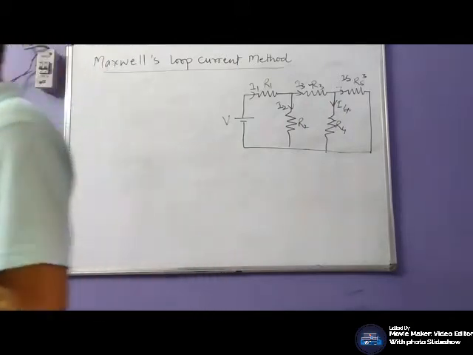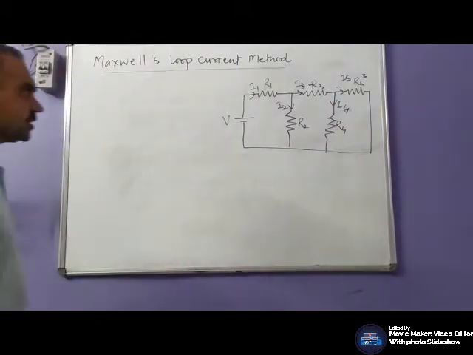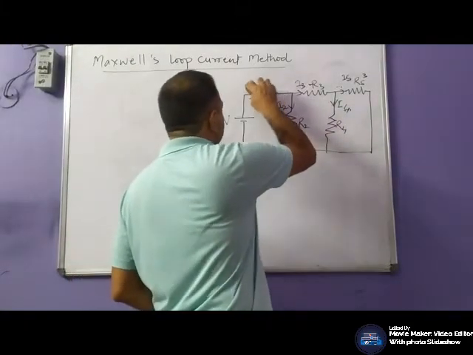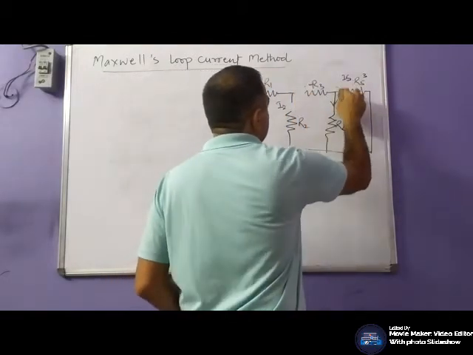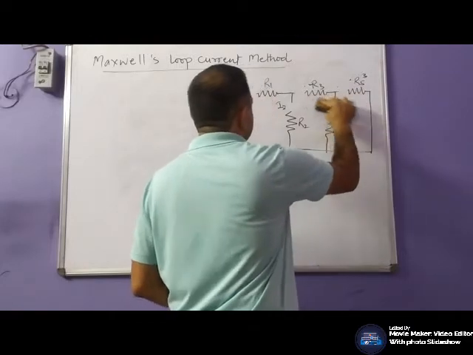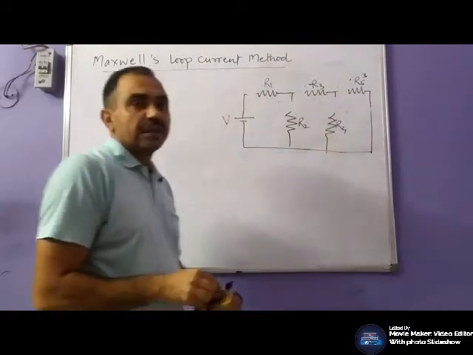So in this Maxwell loop current method, in place of these branch currents, we are not having branch currents. We are having loop currents.